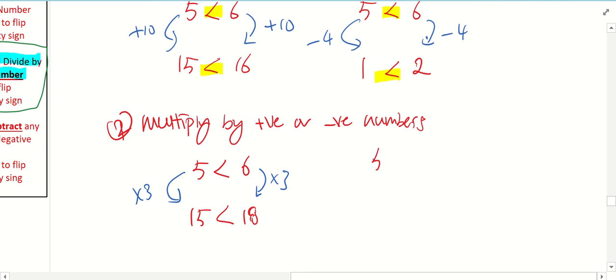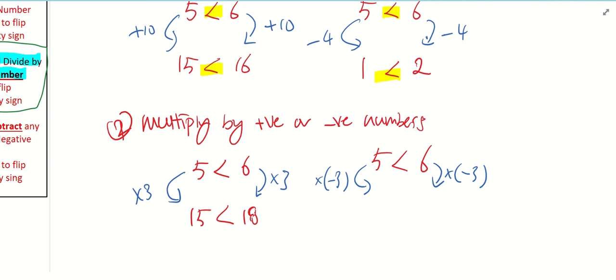Now here's the interesting part. What happens if we multiply by a negative number? Let's multiply by negative 3. On the left hand side, you have negative 15. On the right hand side, you have negative 18.